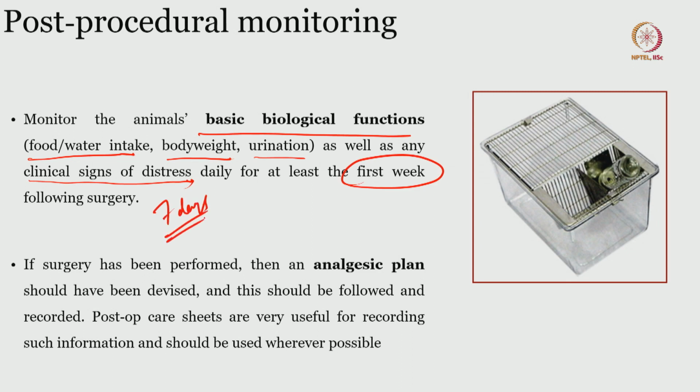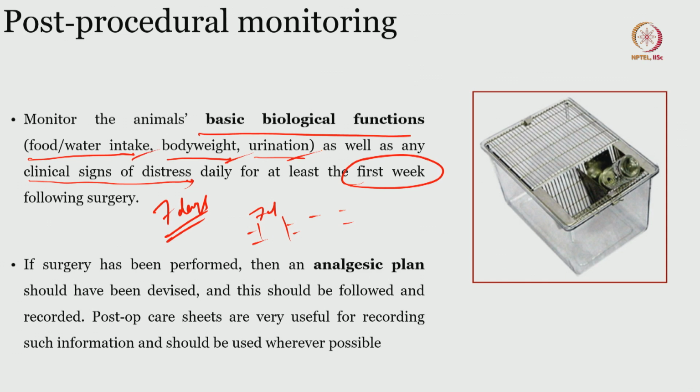That is the reason why many experiments give a gap of 7 days if there are multiple implants or multiple surgeries involved. After every surgery you need to allow 7 days for the physiological system to reset itself to the initial stage. During those 7 days, these are all the parameters that you need to check and monitor.